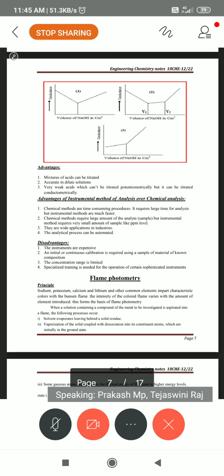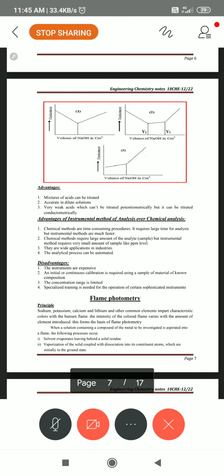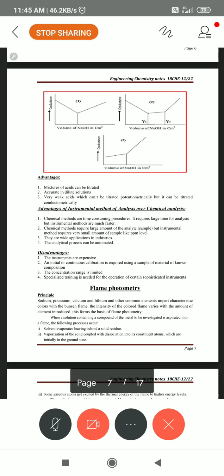So for determination of sodium, you prepare the sodium chloride standard solution. If you want to determine potassium, you prepare the potassium chloride standard solution, like 20 ppm, 40, 60, 80. We keep it under the aspirator. For 20 ppm, say 26 or 25, any number of emission will come, and you record it.